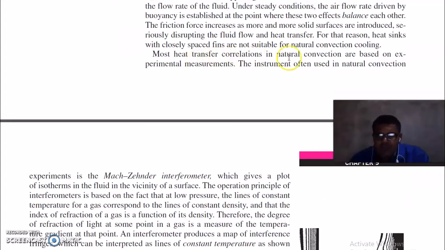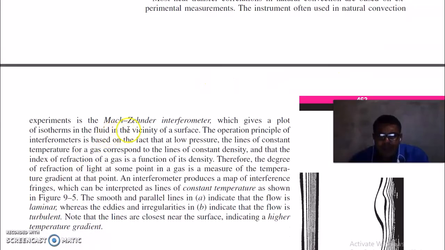Most heat transfer correlations in natural convection are based on experimental measurements. The instrument often used in natural convection experiments is the Mach-Zehnder interferometer, which gives a plot of isotherms in the fluid in the vicinity of the surface. The principle of the interferometer is based on the fact that at low pressure, the lines of constant temperature for a gas correspond to the lines of constant density, and that the index of refraction of a gas is a function of density.